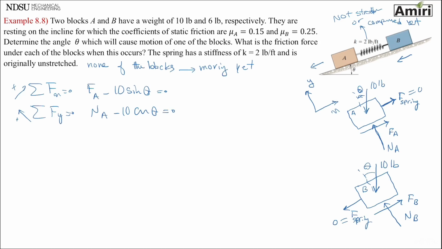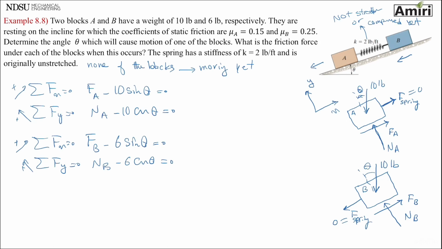From the second free body diagram, I can write the same thing: Fb minus 6 sine theta equals 0, and Nb minus 6 cosine theta equals 0.